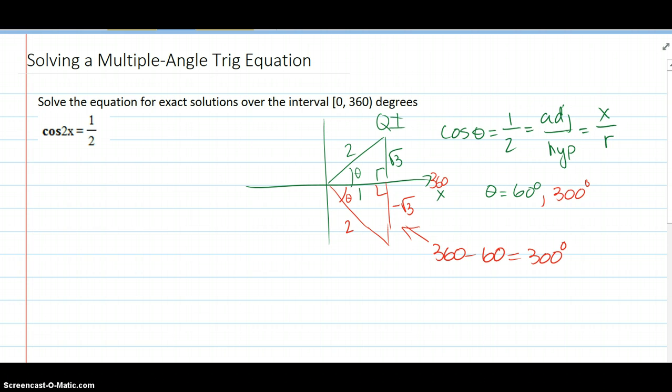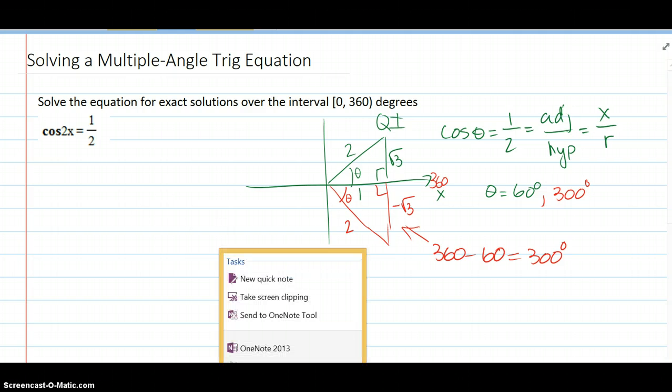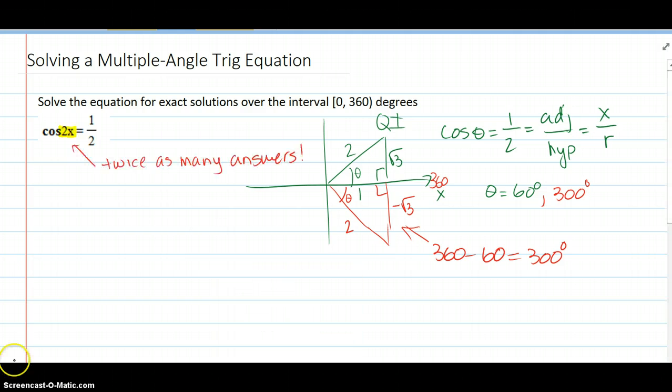And in the past, we'd be done because it's from 0 to 360. But now we have this double angle. By the way, when you have a 2 here, that means there's twice as many answers, and you'll see why in a minute. A 3 here means 3 times as many answers, a 4, 4 times as many answers, and so forth. Why is that?